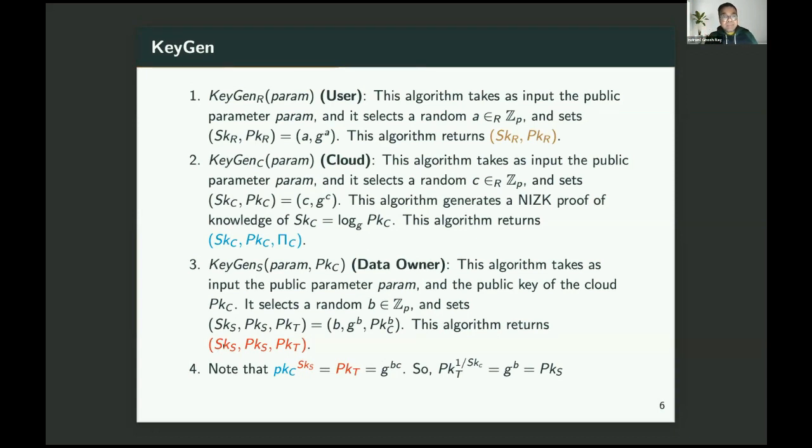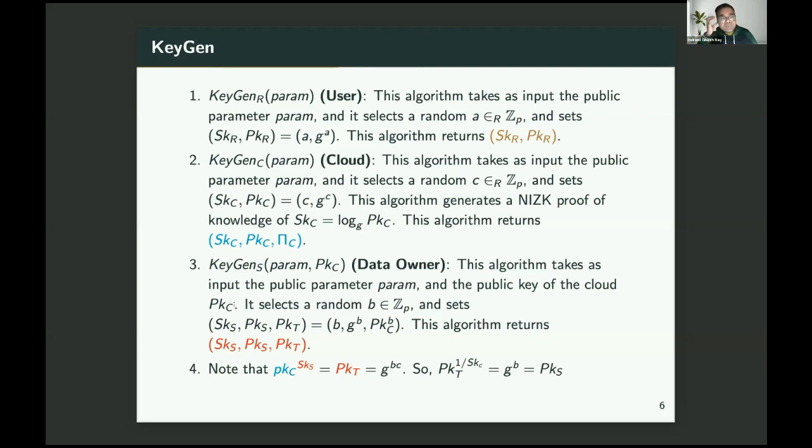One is the public key, which is the PKS. One is the secret key, which is SKS. And one is a special key, which is made to facilitate the search, which is the trapdoor key, which is PKT.